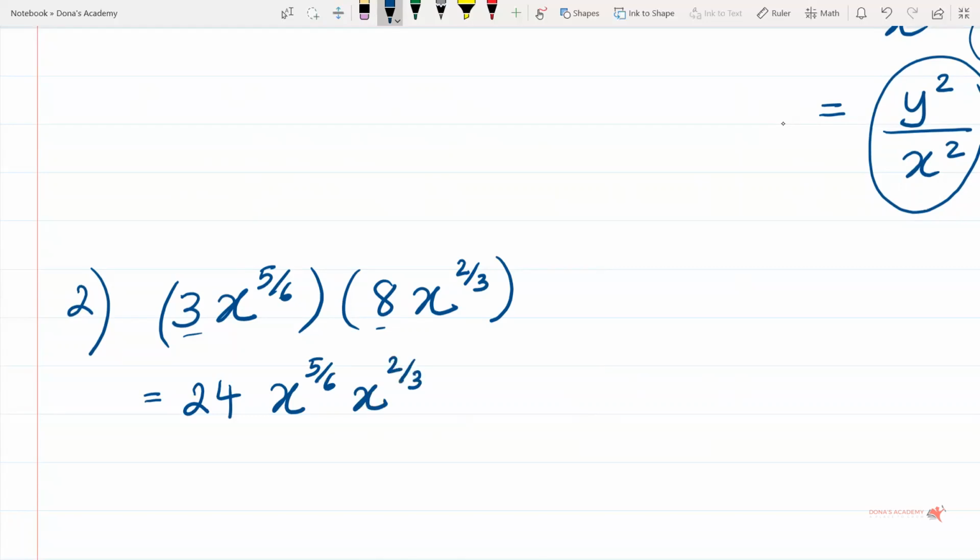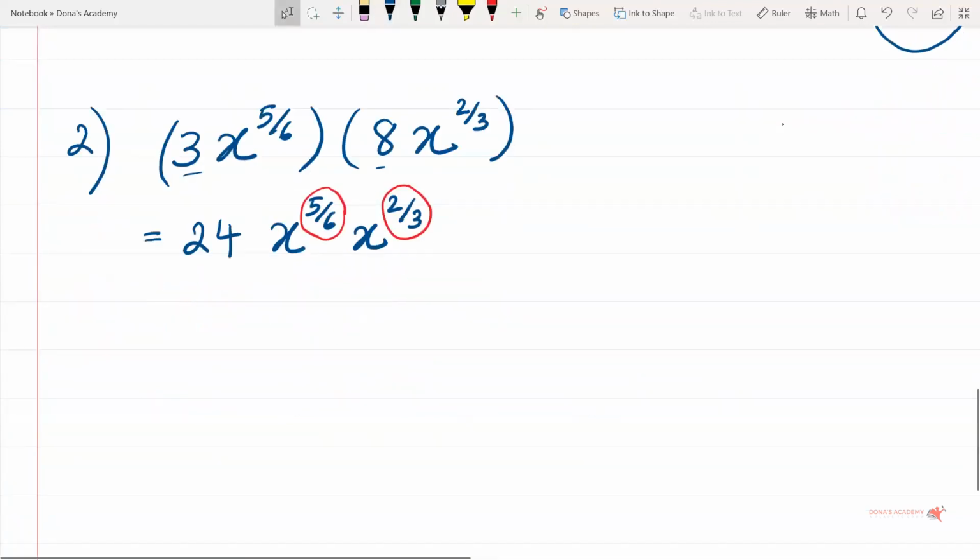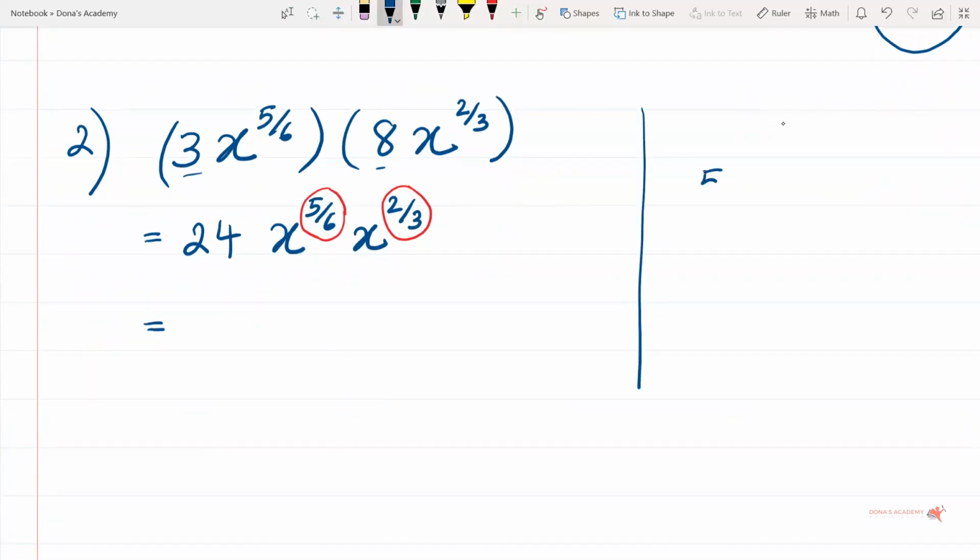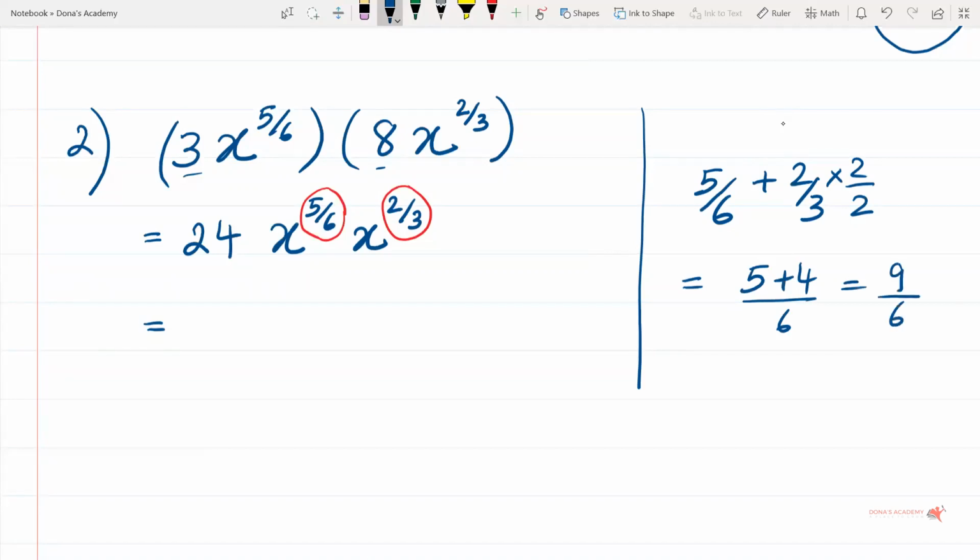You can see same base multiplication, that means you can add these two exponents. Doesn't matter, they are rationals, you can still use the same rules. Then if you add these two together, what do you get? 5 over 6 plus 2 over 3. To have the common denominator, you can multiply top and bottom by 2. Then you get 5 plus 4 divided by 6, 9 over 6.